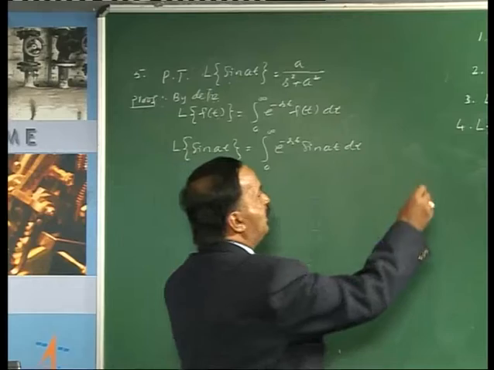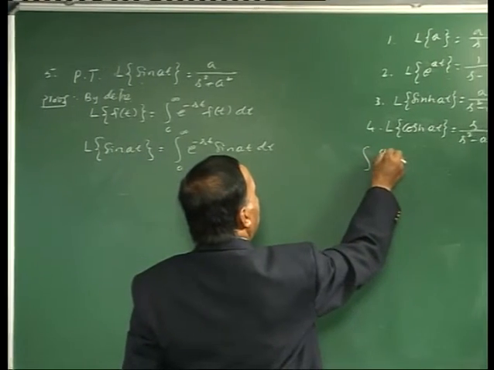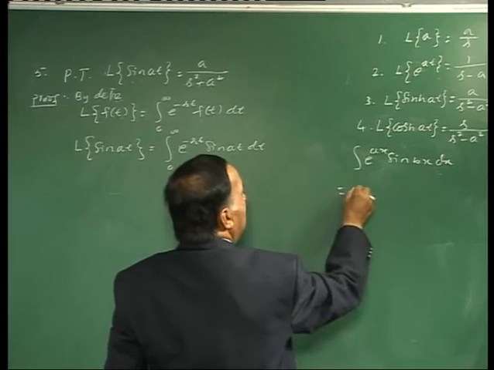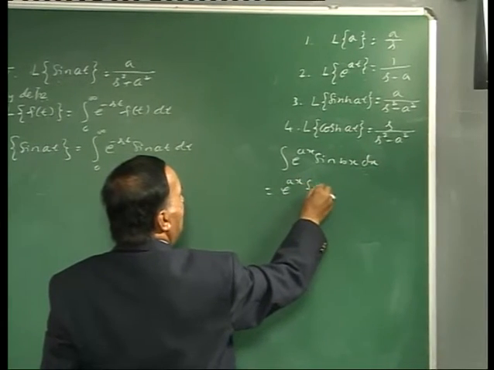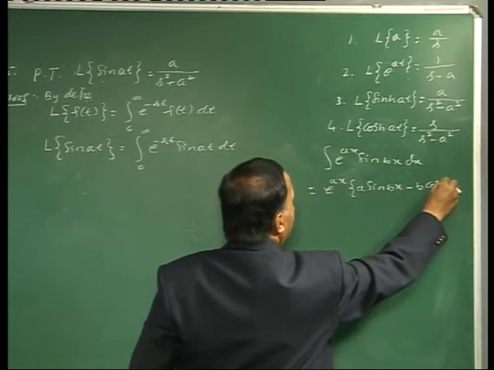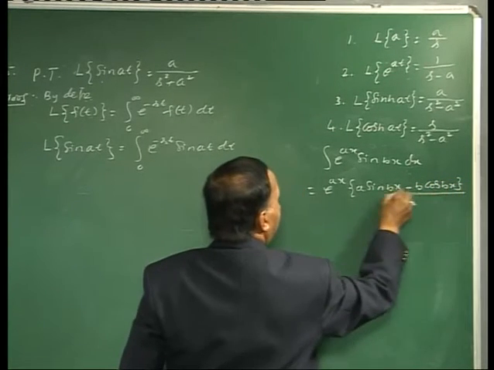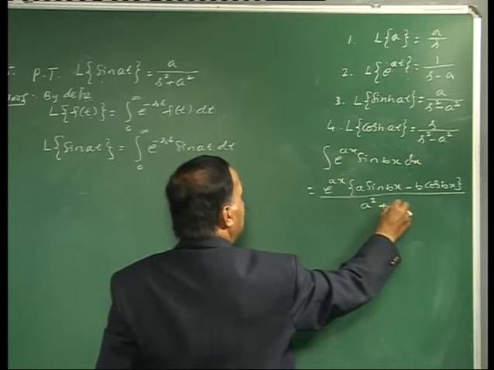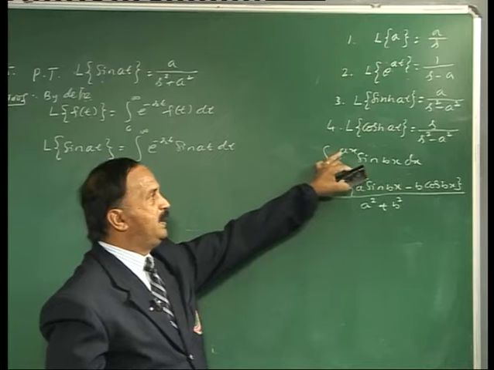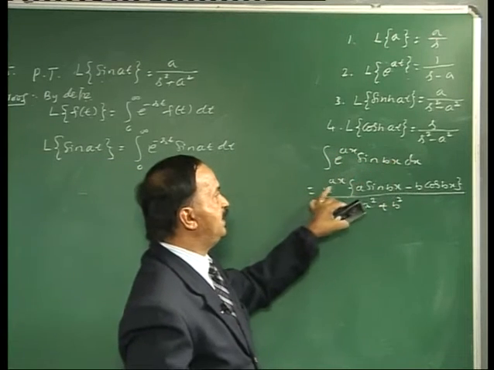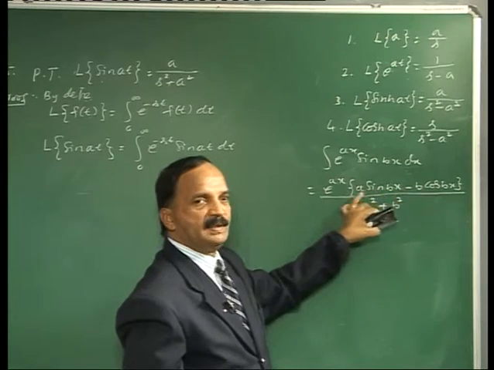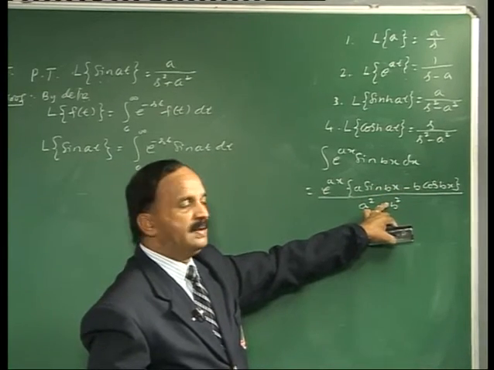By using that formula, integral of e to the power of ax sin bx dx is equal to e to the power of ax into a sin bx minus b cos bx divided by a square plus b square. This is one of the standard formulas.